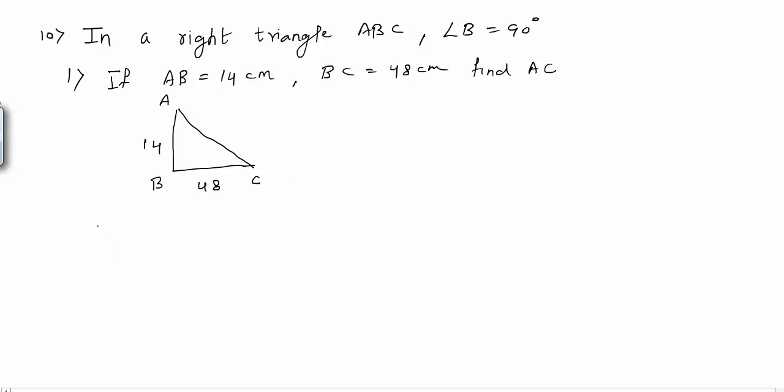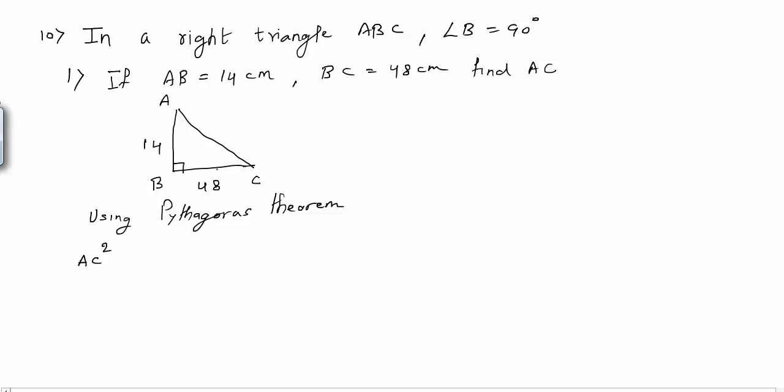What we will say is that using Pythagoras theorem, AC square. Now, square of diagonal. So here in this case, this is 90 degree.